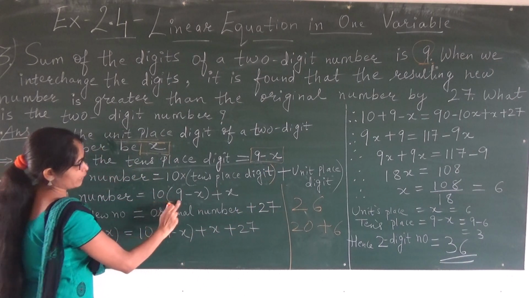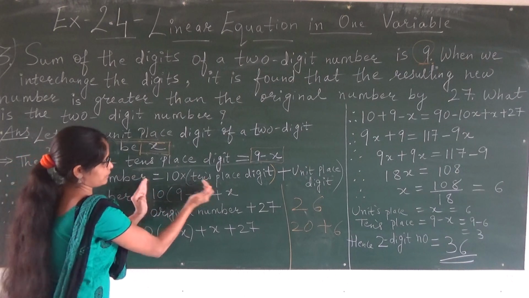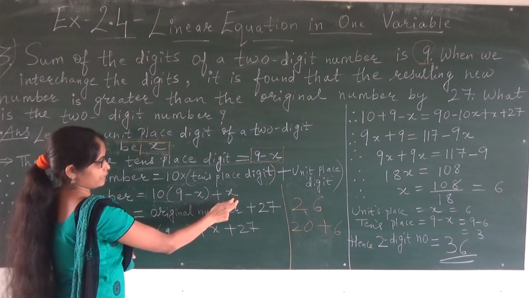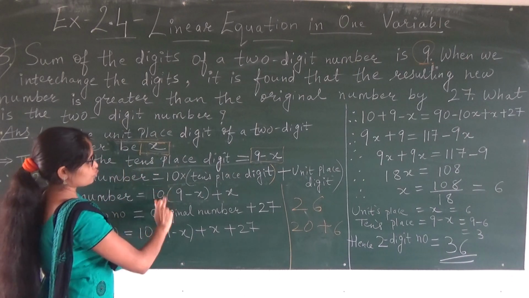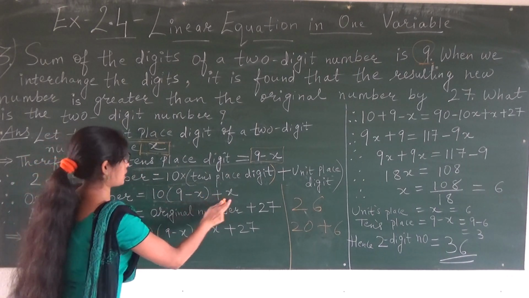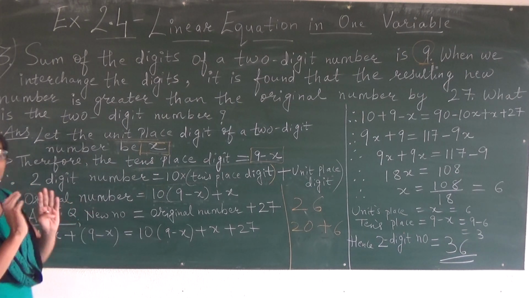So 10 into 9 minus x, this whole part at tens place, plus x, where x means units place. So 10 into bracket 9 minus x, plus x. This is our original number.